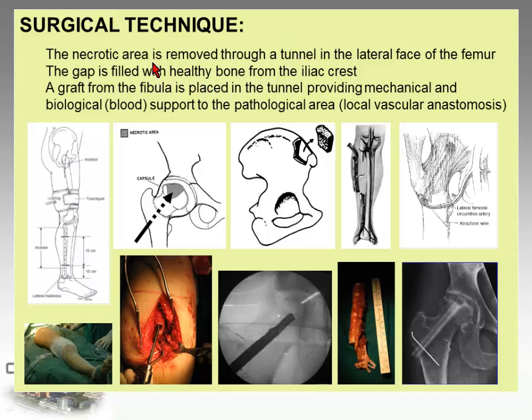This is the technique in detail. The necrotic area is removed through a tunnel in the lateral face of the femur, and the gap is filled with healthy bone of the iliac crest, and after that a graft from the fibula with the artery of the fibula is placed in this tunnel, providing mechanical and biological blood support to this pathological area and making local vascular anastomosis.